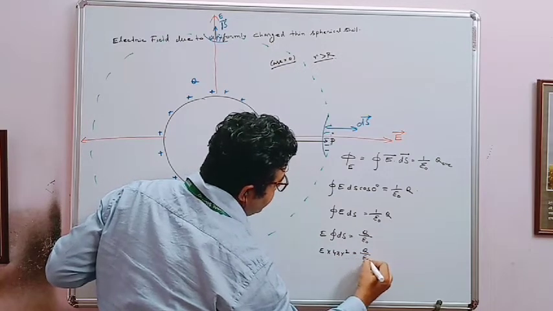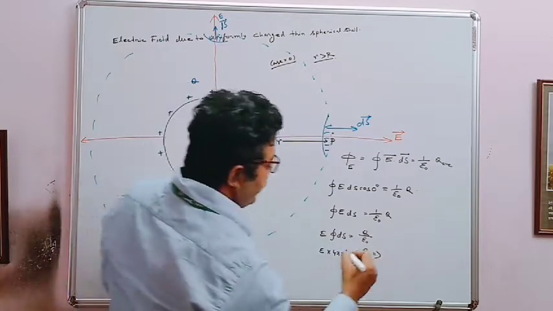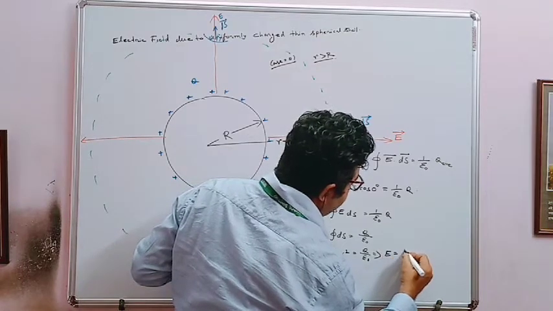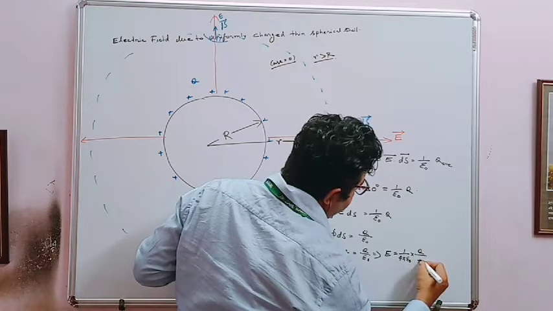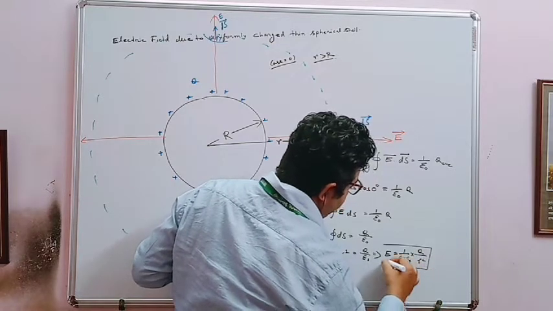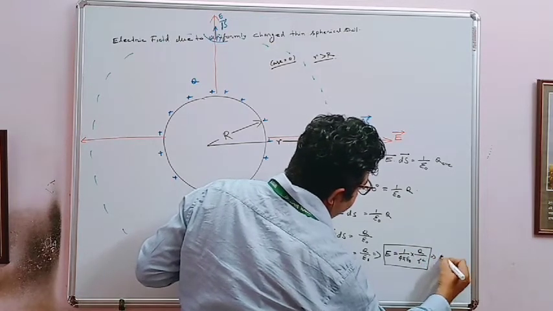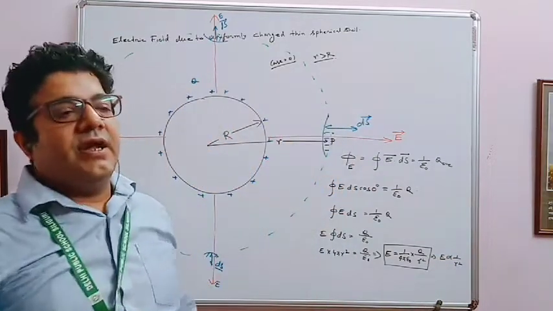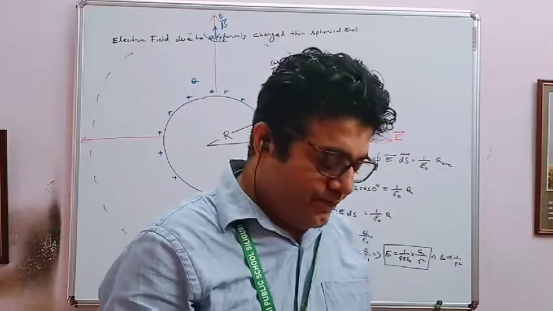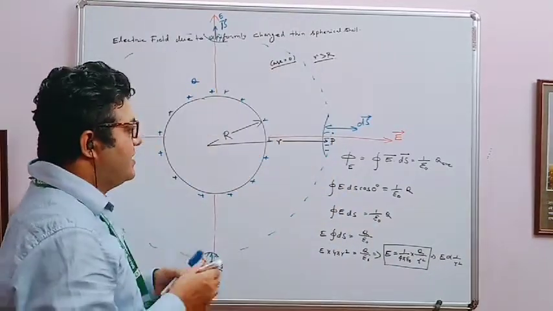So E times 4 pi r square equals Q by epsilon naught. From this, we can say E equals 1 by 4 pi epsilon naught times Q by r square, and a very important thing, E is inversely proportional to r square. That means here the electric field is non-uniform. This is case 1.